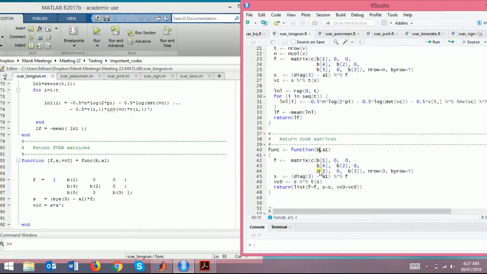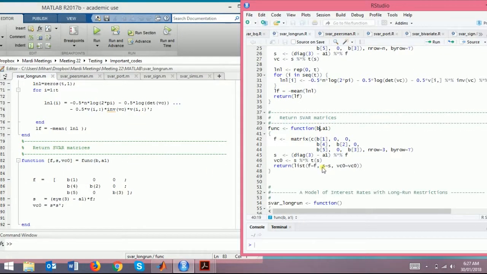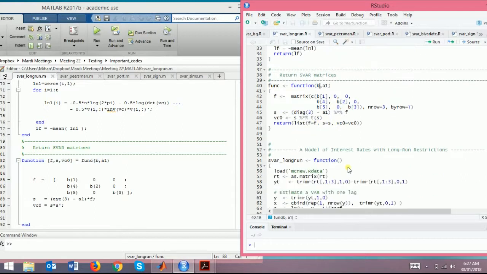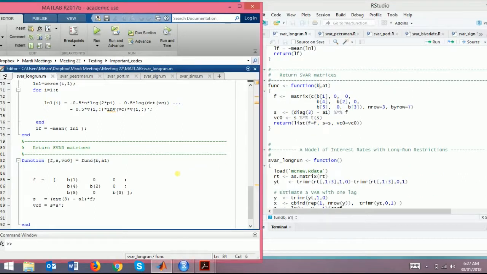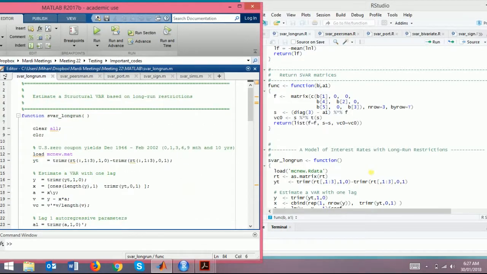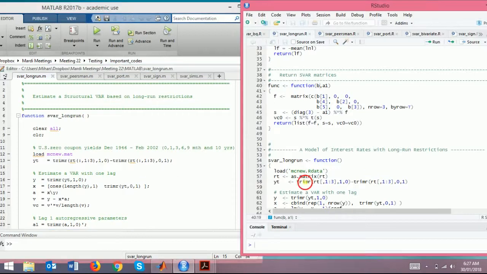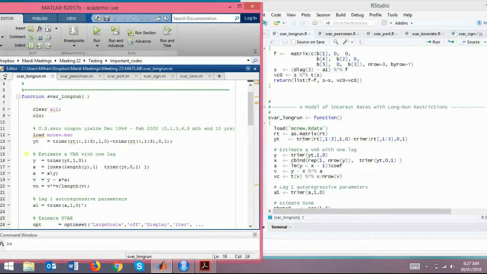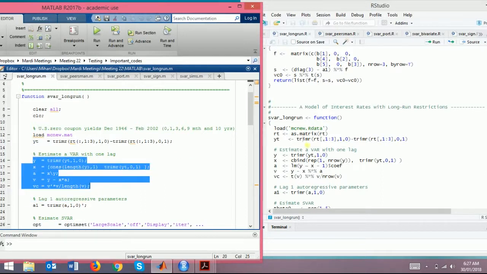Okay, sure, fine, no problem. VC naught will help us to understand if our restrictions hold; actually VC1 minus VC naught will help us to test that. So start with importing the data, then the growth rate. Then again we are doing it the old-fashioned way.